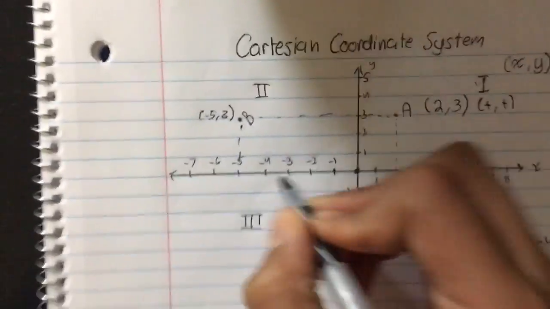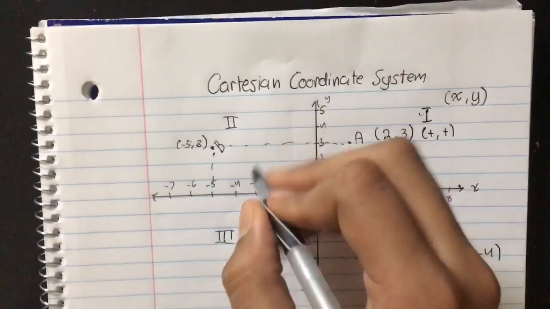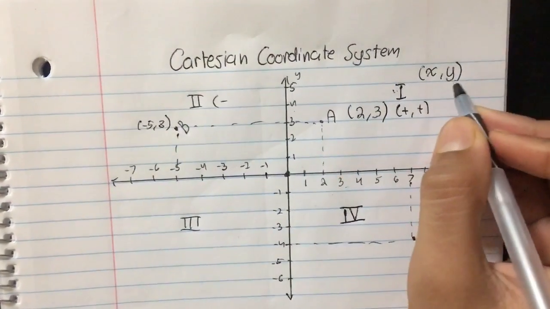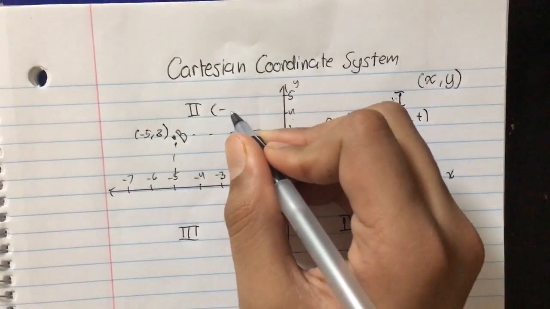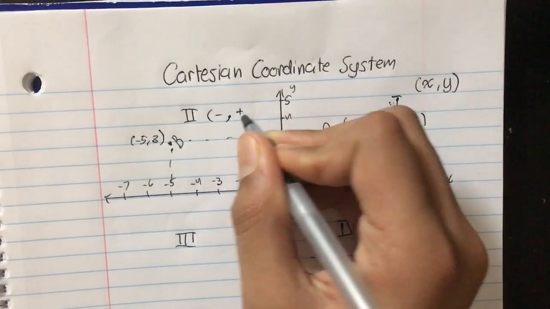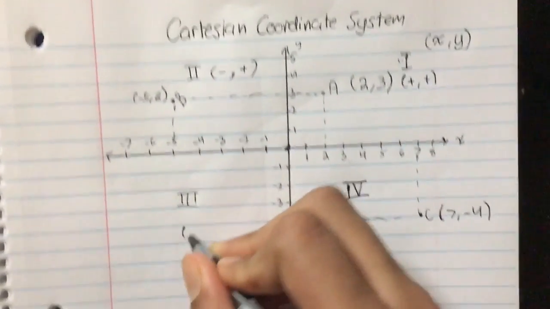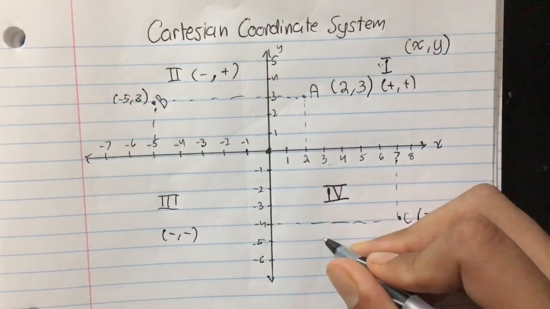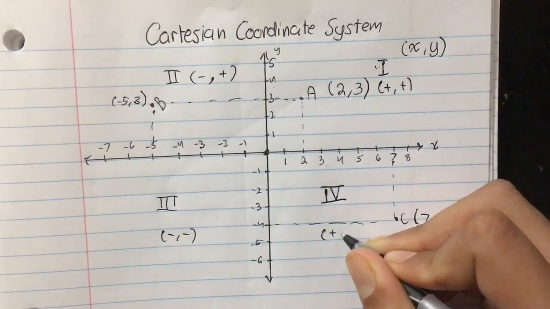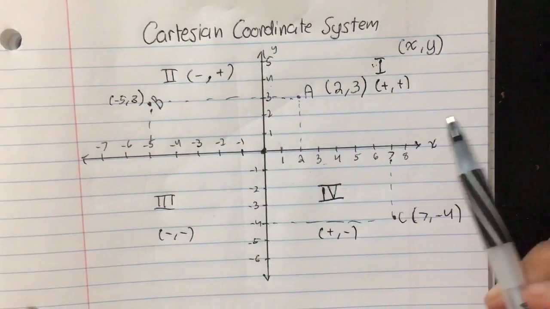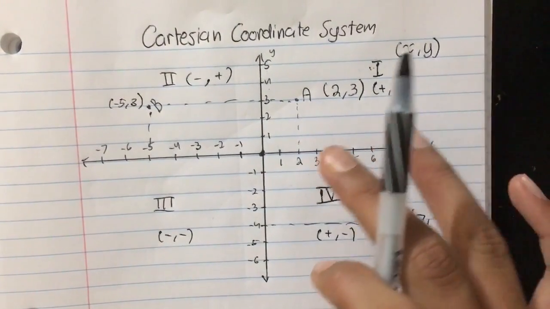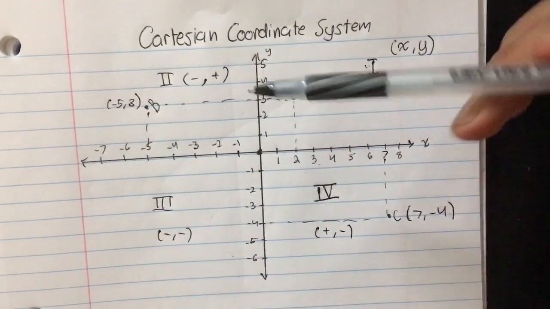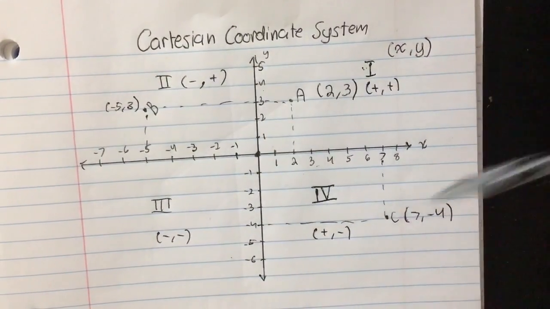Quadrant 2 would be negative, positive, because the x-axis is negative. You can see we're labeling it just like we would label our coordinates. Quadrant 3 is negative, negative, and the last one, quadrant 4, would be positive, negative. One tip I have is that quadrants 1 and 3 have opposite signs, and that's one way I remember it, and so do quadrants 2 and 4.